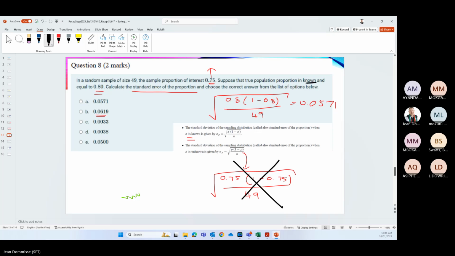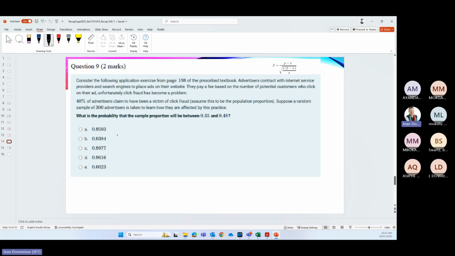Because it's known, you use this formula. If you don't know what the population proportion is, then it's different. Then you use the sample one. Okay, so let's look at the next one.